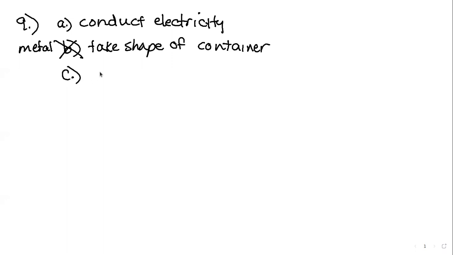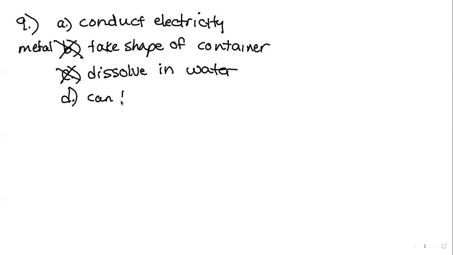Okay, C, dissolve in water. Now think about that spoon. You put a spoon in water, and no matter how much you stir it, it is not going to dissolve. So that's not going to be true. And then D, can be broken down into other substances. Now this might be kind of confusing, because you have alloys, which are different metals mixed together.